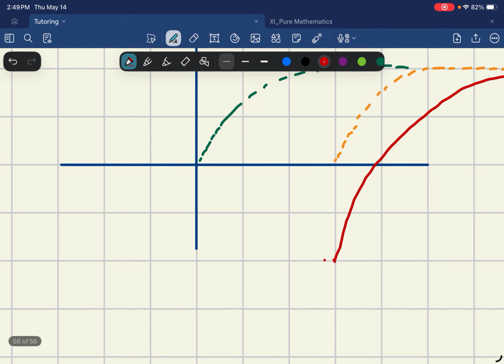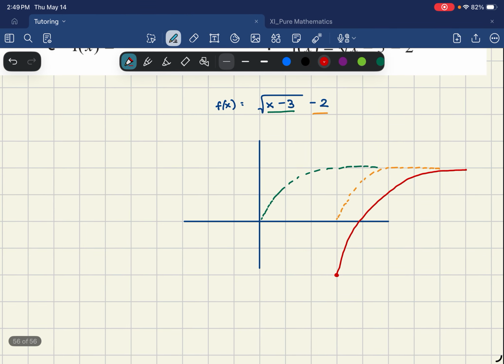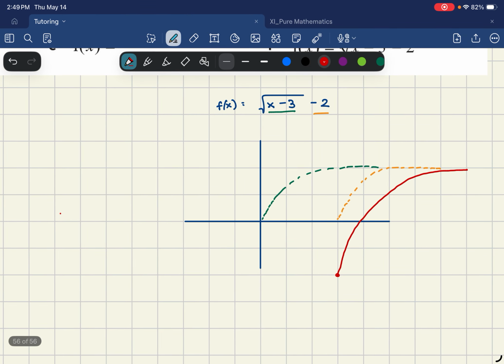So now this is going to be my minimum point. My output, f of x, is always going to be bigger than or equal to negative 2, because we shifted 2 units down, and it's not going to go below this. F of x is a real number.